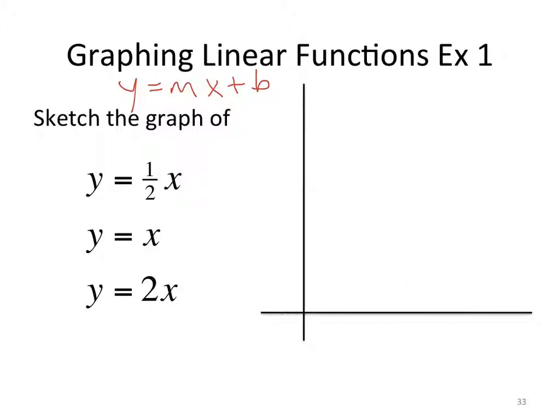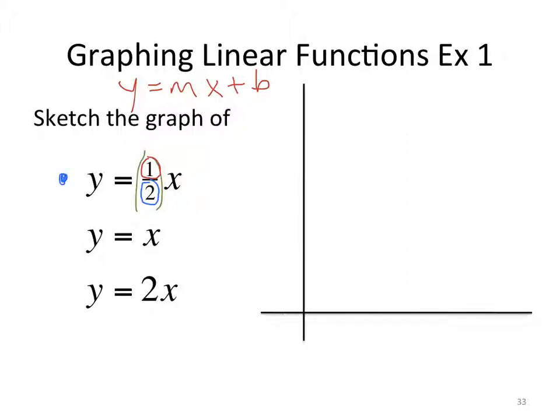Y equals 1/2 x. So I'm going to bracket this off in green, all right? 1/2 x. What's our rise over our run? Well, we're saying that we've got a rise of 1 for every run, that's a tongue twister, of 2. So for that first one right there, I'm going to draw that one in blue.